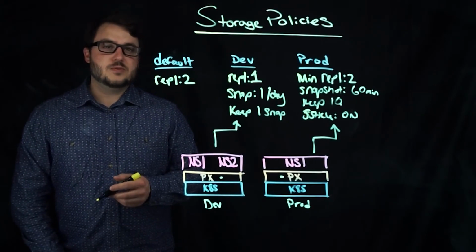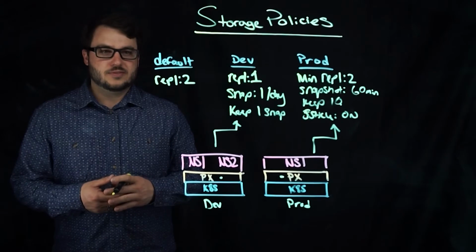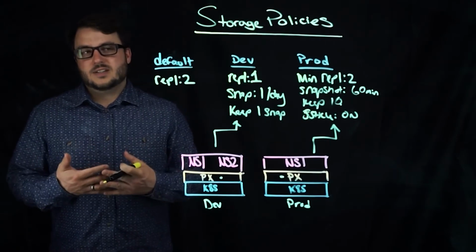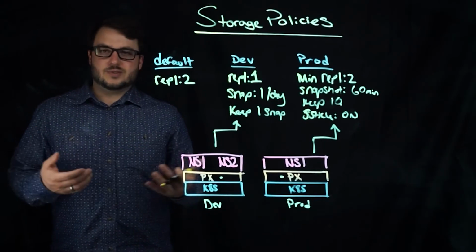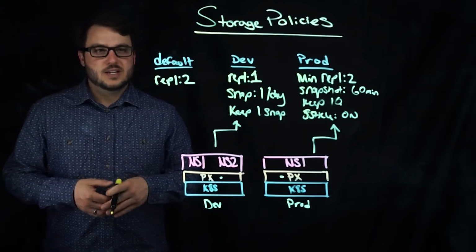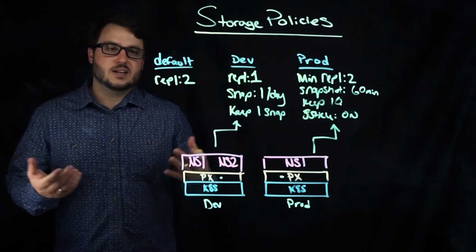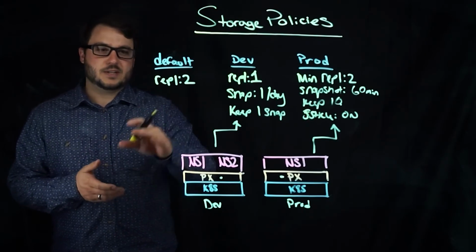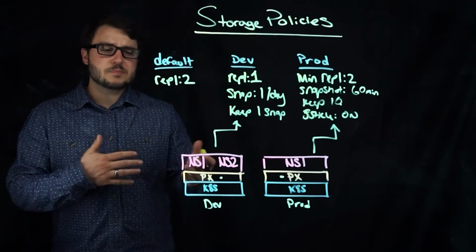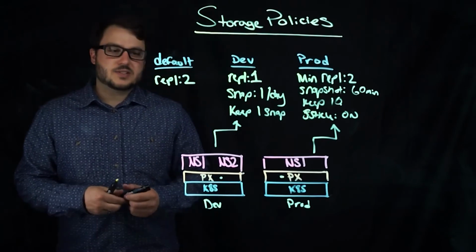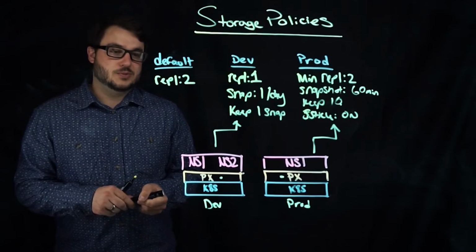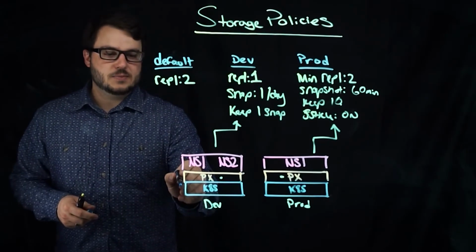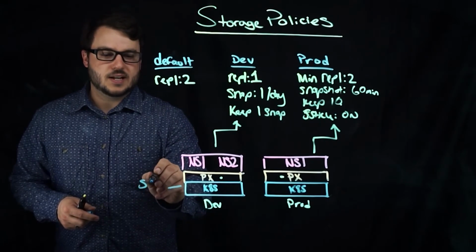Well, say you wanted some level of default capability and the cluster is a mixed environment, you could just set this as a default to say, this is exactly what an application will get. And the nice part about this, and this is where it ties into Kubernetes, is that in Kubernetes there's something called a storage class.